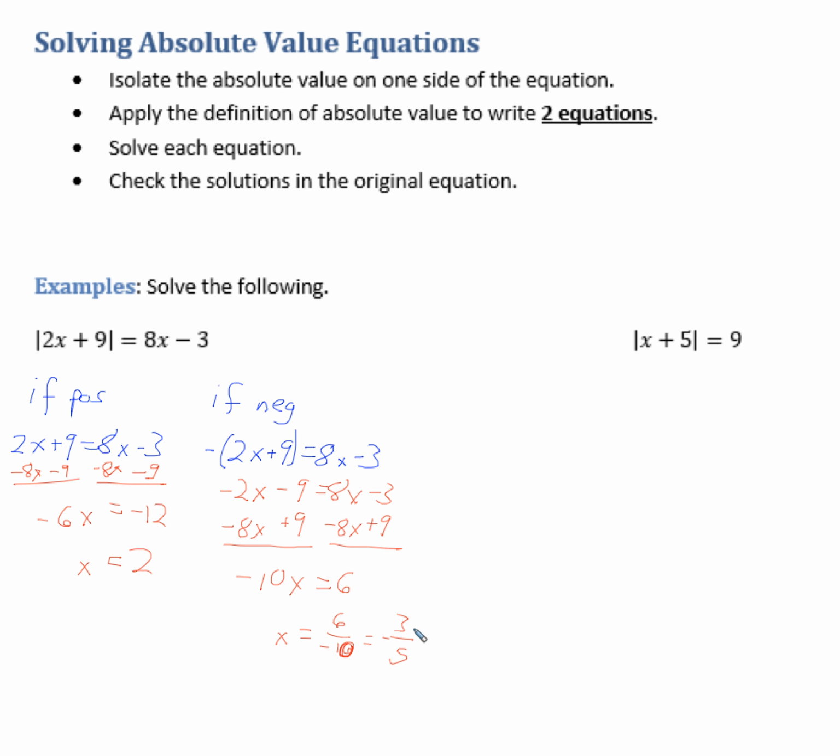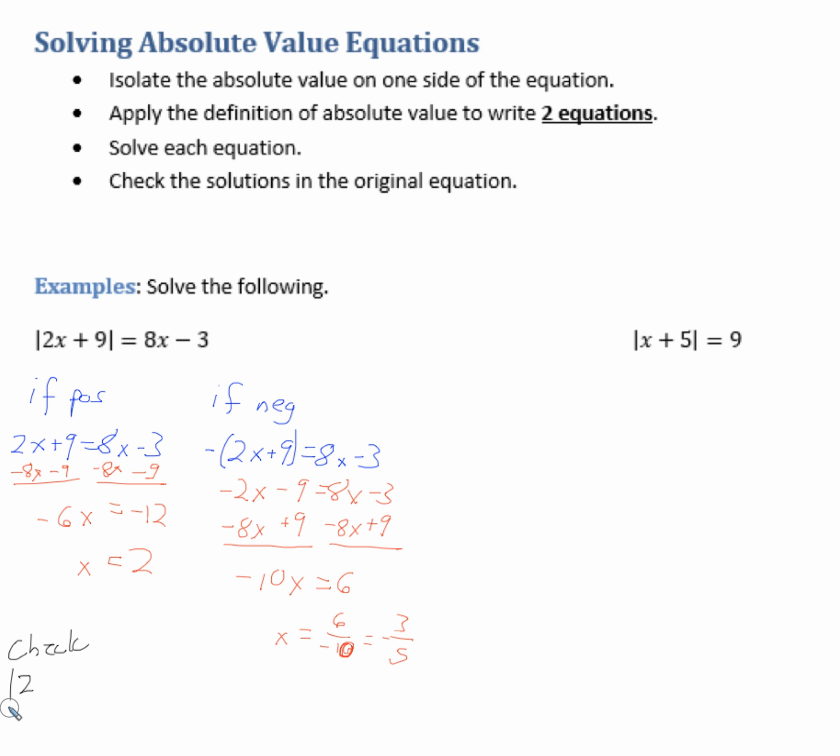We want to check both of those, so we're going to put them back into our original equation. So we think our answers are x equals 2 and x equals negative 3/5. So we're going to check to make sure they both are true. We're going to put 2 in for x.